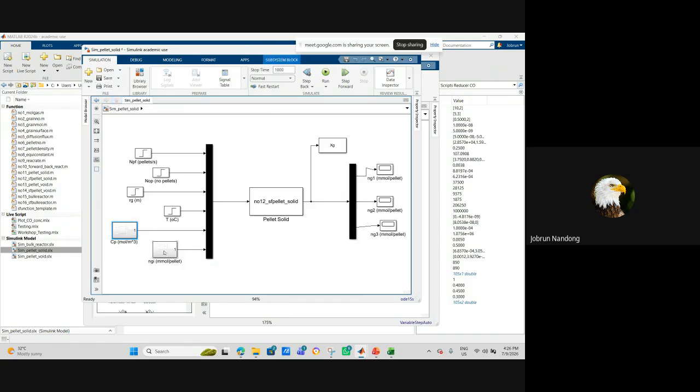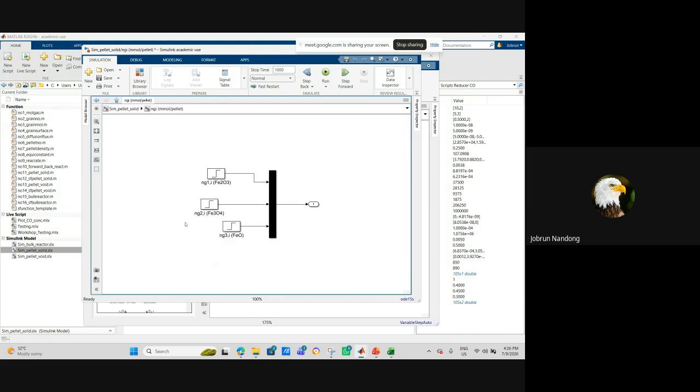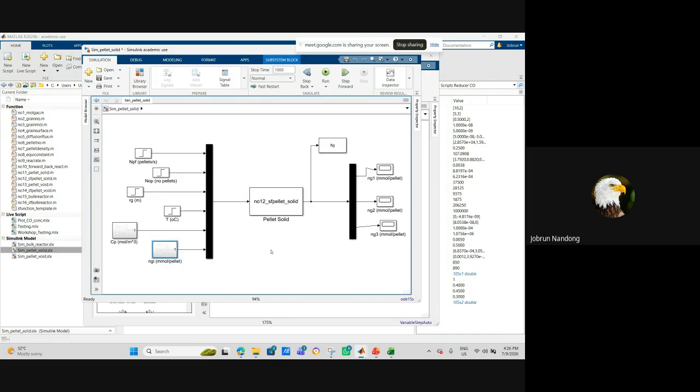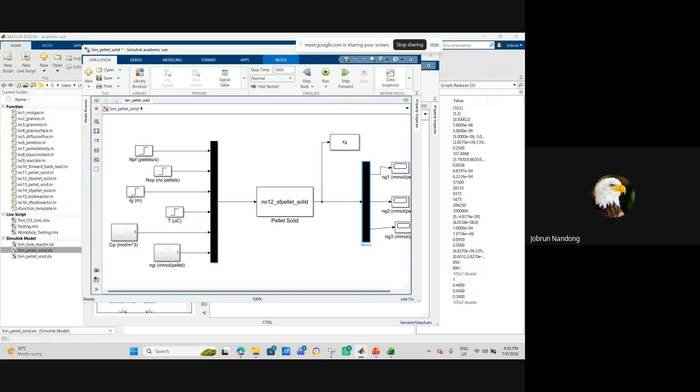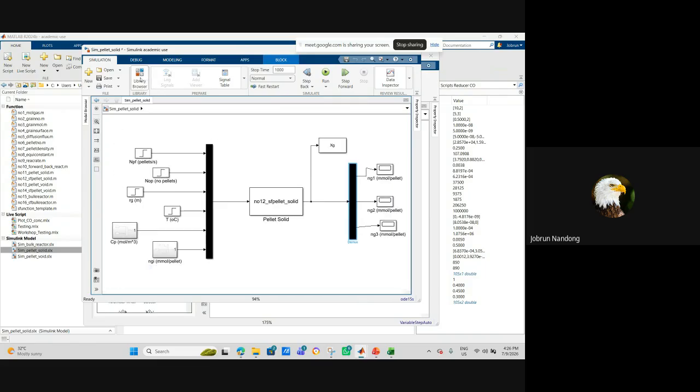Same thing also, this subsystem consists of three sources here. This 1, 2, 3, three sources. Because this one, what is being said here, is a vector of three quantities. So that's it. And then for the outlet, basically you can get this again from the signal routing just now. Signal routing is here, right?